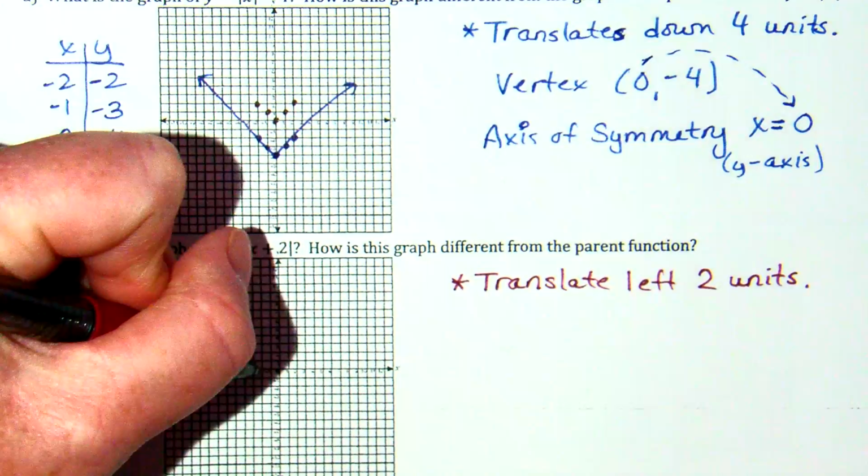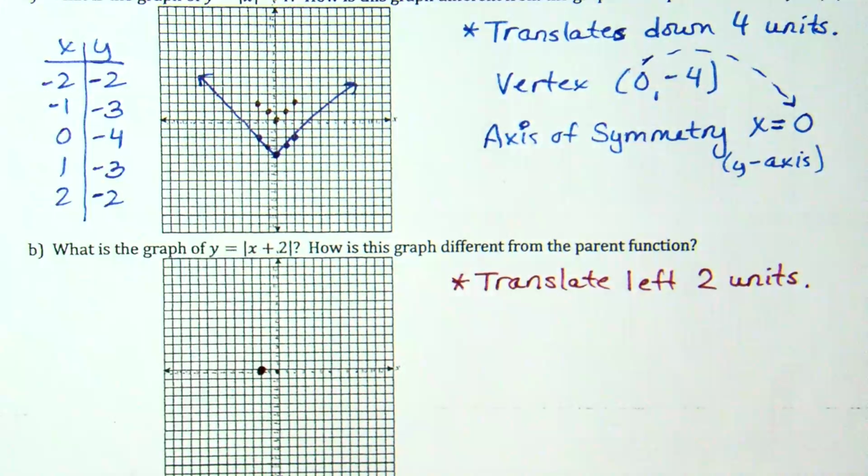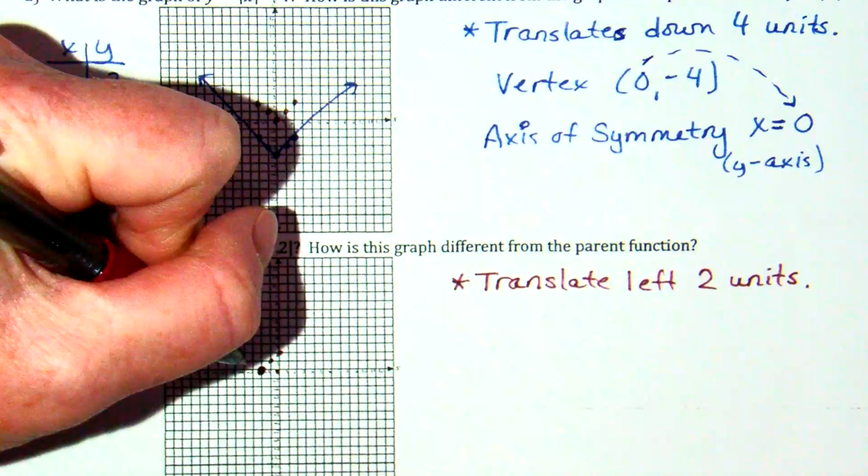So there's my new vertex. What do the sides of my V do? They go up 1 over 1, right? Up 1 over 1, and technically it's up 1 over 1, up 1 over 1, and then also the other way, yes? So from this point, I would go up 1 over 1, up 1 over 1, up 1 over 1, up 1 over 1.